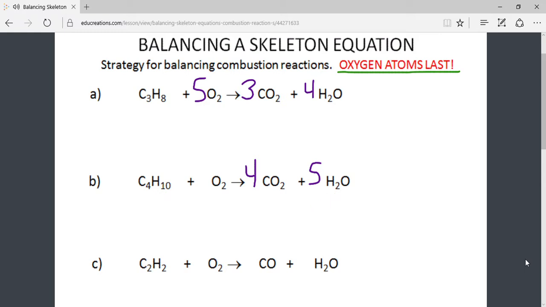Now we must find the sum total of oxygen on the product side. 4 times the 2 oxygen that were already present for carbon dioxide creates a total of 8 oxygen atoms. For water, 5 times the 1 oxygen atom that was present creates a total of 5 oxygen atoms. Therefore, a total of 13 oxygen atoms are needed to balance this equation.